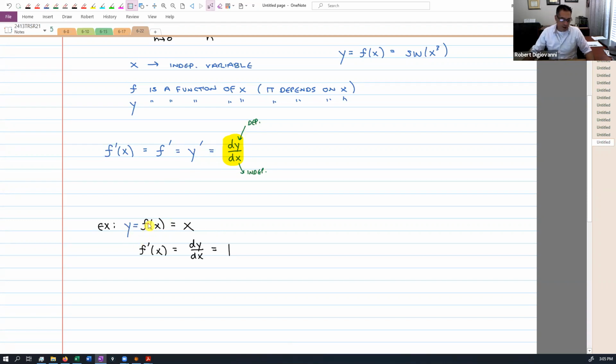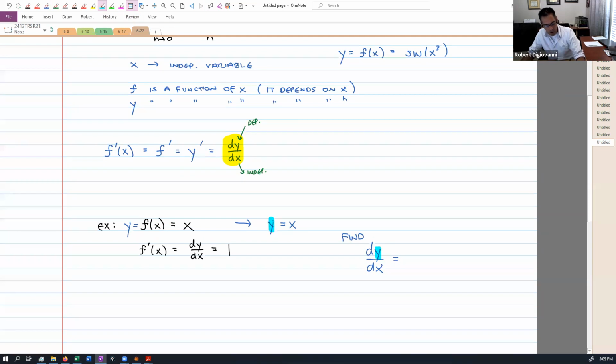We like to replace f of x with y, right? So another way I could have written this is y equals x. That's the same exact thing. Now, when we're asked to find dy dx, what you would do is replace the y with whatever y is.